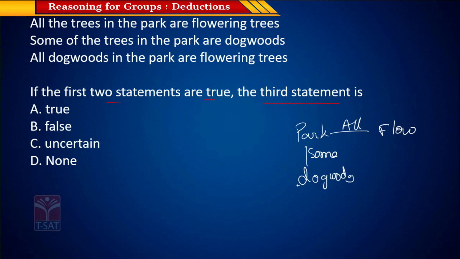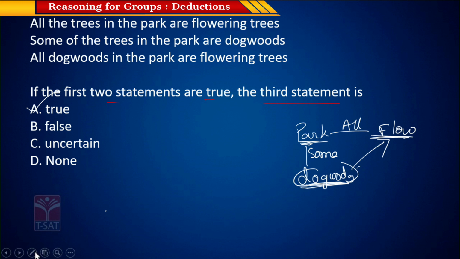So these dogwoods are a subset of all the trees in the park. Because they're in the park and all the trees in the park are flowering, you can definitely conclude that all dogwoods which are in the park are flowering trees. So if the first two statements are true, then the third statement will also be true. Answer option is A.